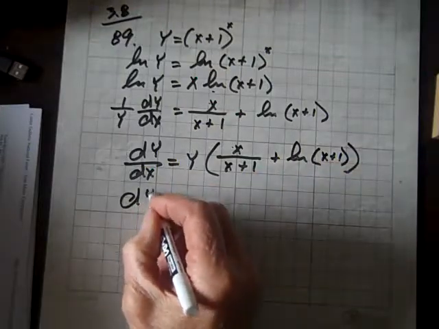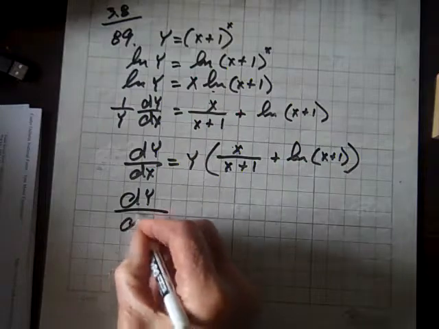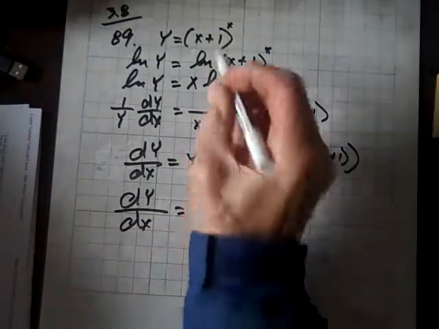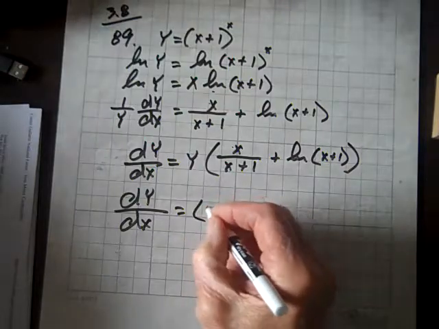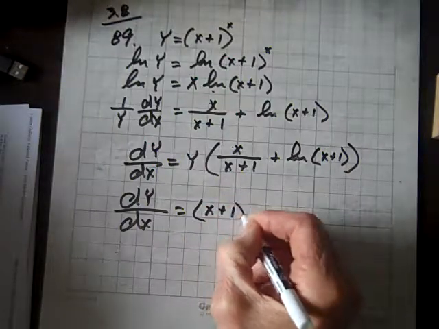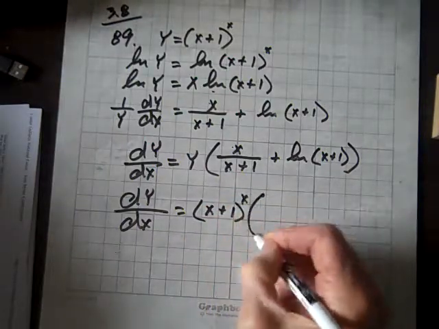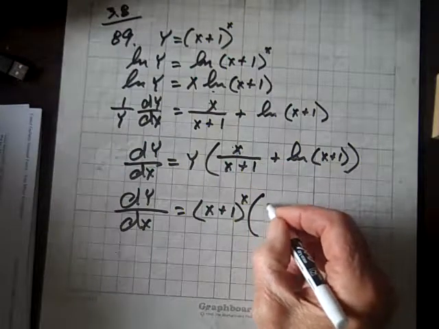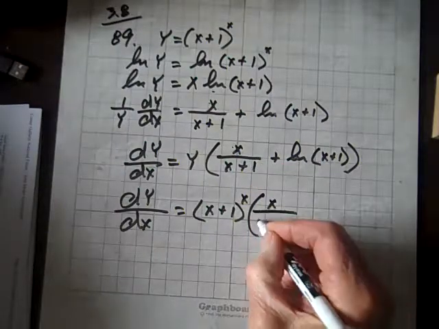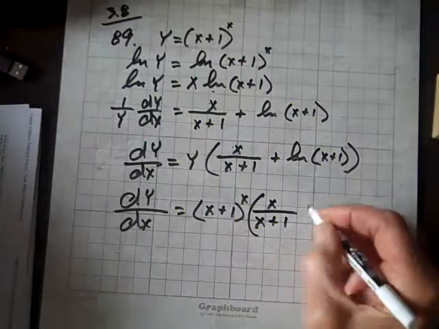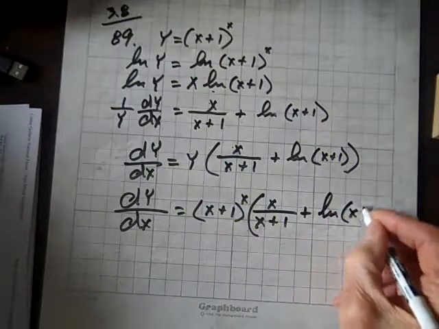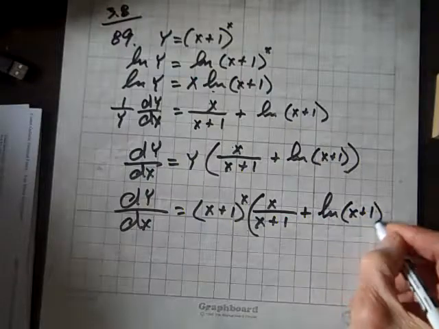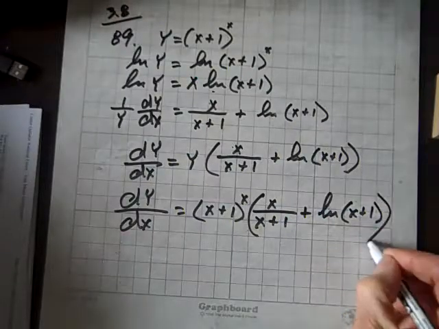And now replacing y with its identity, which is the quantity x plus 1 raised to the x power, and what do we have in the second set of parentheses? x over x plus 1 plus ln of x plus 1, that quantity, and we are done.